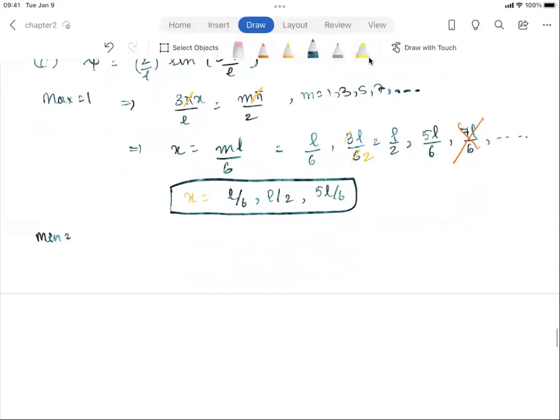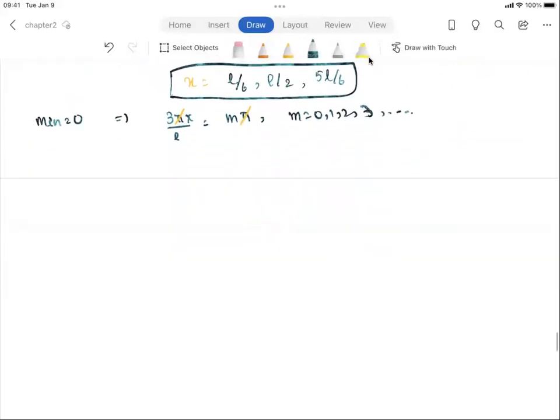Now the minimum value is 0, so I'm going to cancel out pi, and x is nL over 3. x can be 0 when n equals 0, when n equals 1 you have L over 3, then 2L over 3, 3L over 3, which is nothing but just L, 4L over 3, and so on.